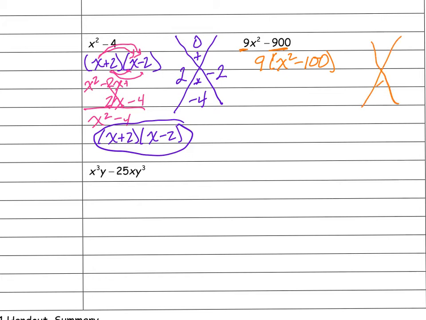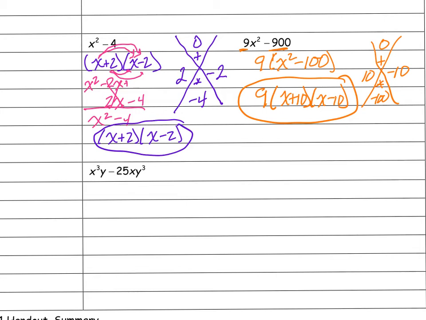I need two numbers that multiply to be -100 and add to be 0, because there's no middle term, there's no x term. So that would be 10 and -10. So I get 9 times x plus 10 times x minus 10. And there you guys go.